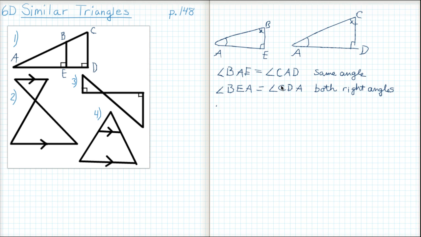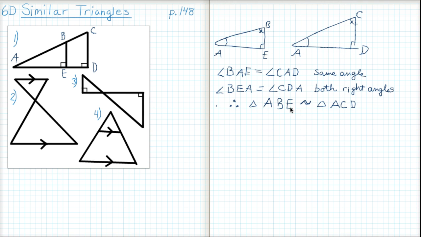Once I've shown that two angles are the same, then I know that the third angle is going to be the same. So I can from here say, therefore, triangle ABE is similar to, use a little curve, a little S on its side, to see is similar to triangle ACD.